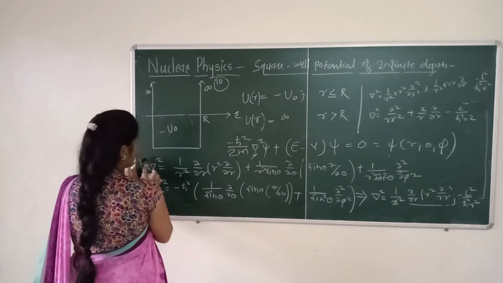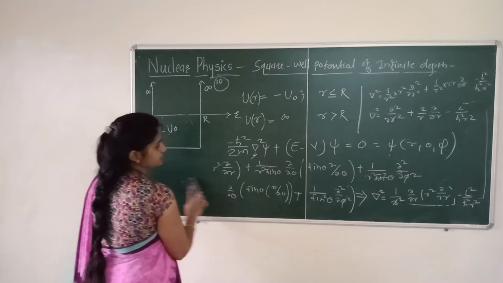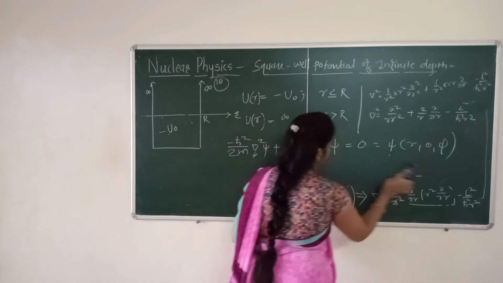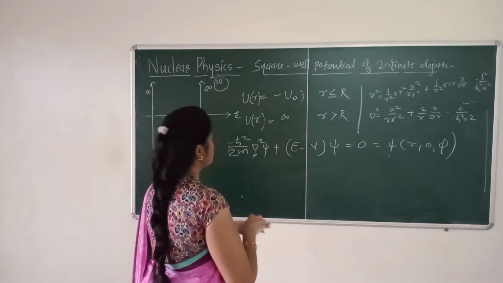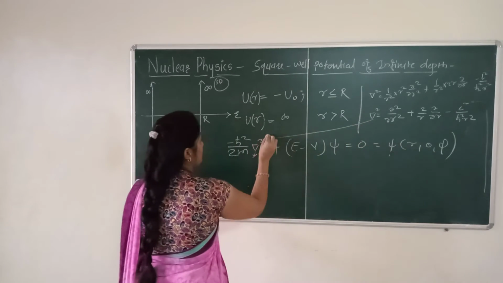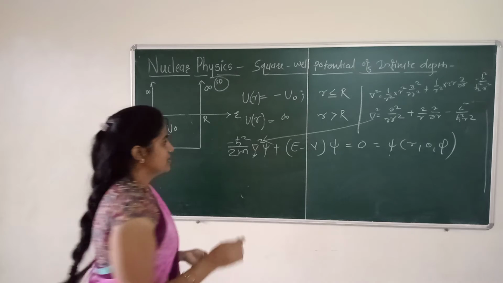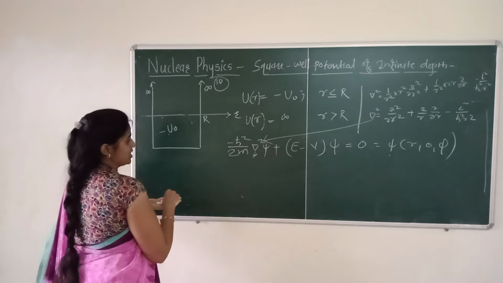Now shall I remove this? See, okay. Now we have to put this value of del square here. Now what is actually happening? See here.